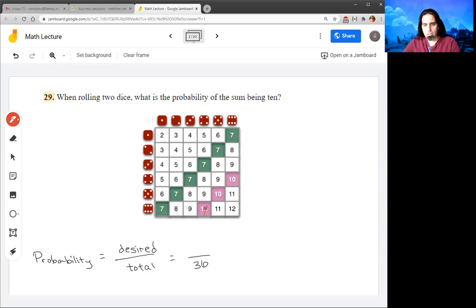And how many had a sum of 10? 3 of them. So if we wanted to make a percentage out of that, we could. And we'd get 0.083, which is about 8%.